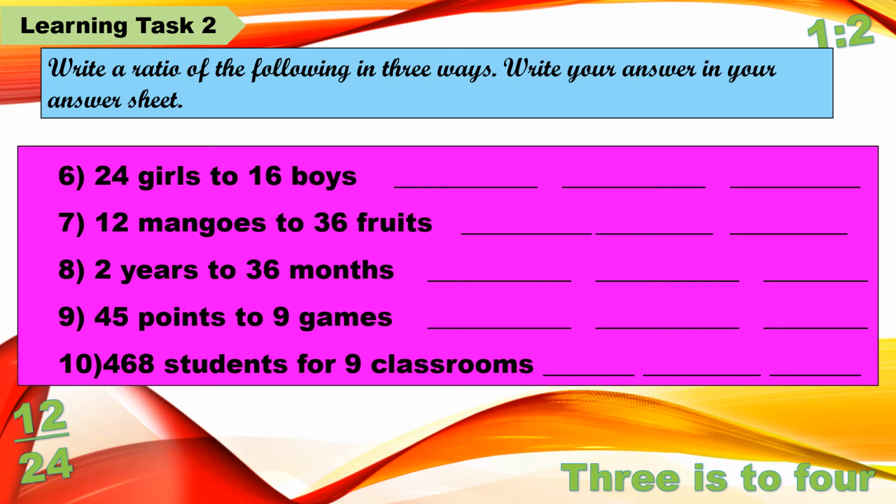Number 6, 24 girls to 16 boys. 12 mangoes to 36 fruits. 2 years to 36 months. 45 points to 9 games. 468 students for 9 classrooms. So, I will give you 10 minutes to answer this.